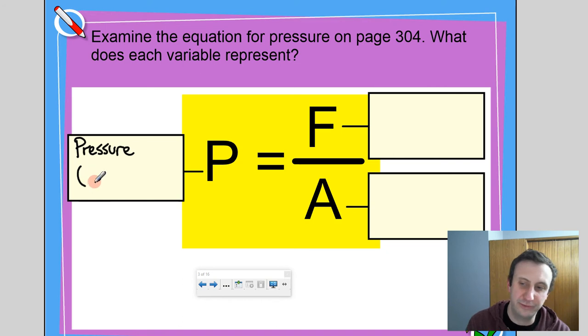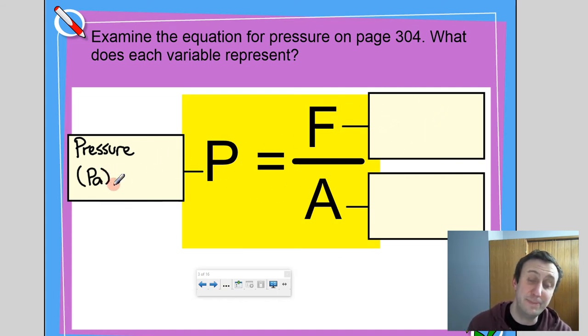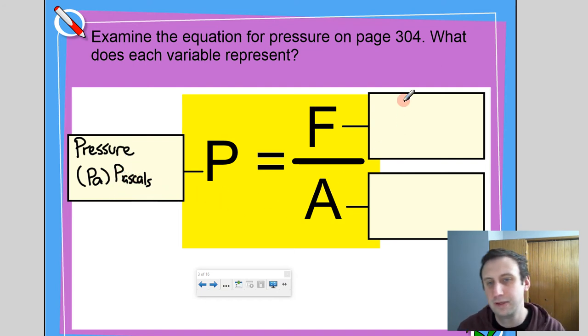You're going to learn Pascal's Law in a second here. Pascals are Pa, capital P, lowercase a. That is the unit. Just like the unit for force is going to be newtons, the unit for pressure is going to be Pascals. That actually should have a capital. Let's respect Pascal by capitalizing his name.